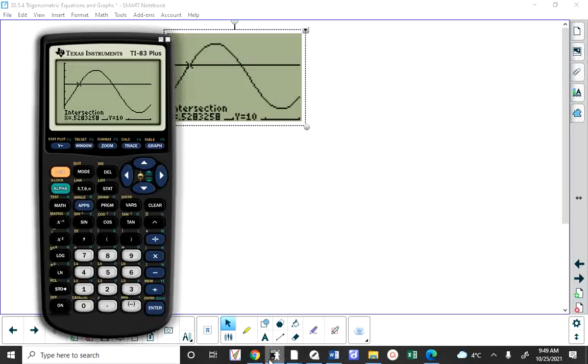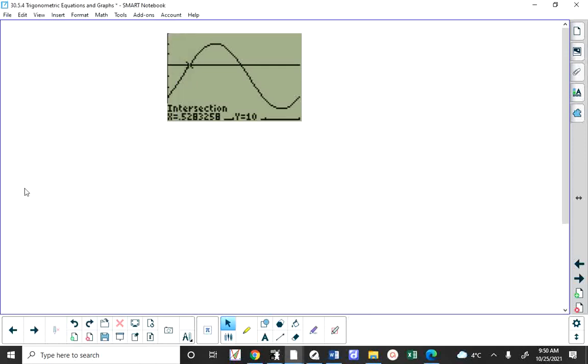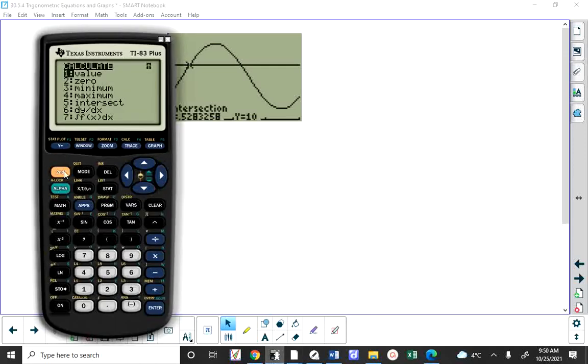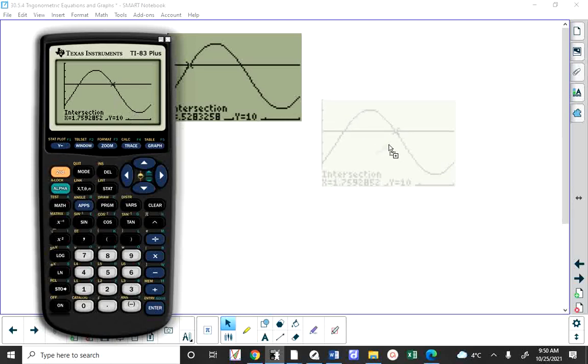And then I repeat the process. Of course, they both have a y-coordinate of 10 because that's where the function is equal to 10, because that's what the equation is.